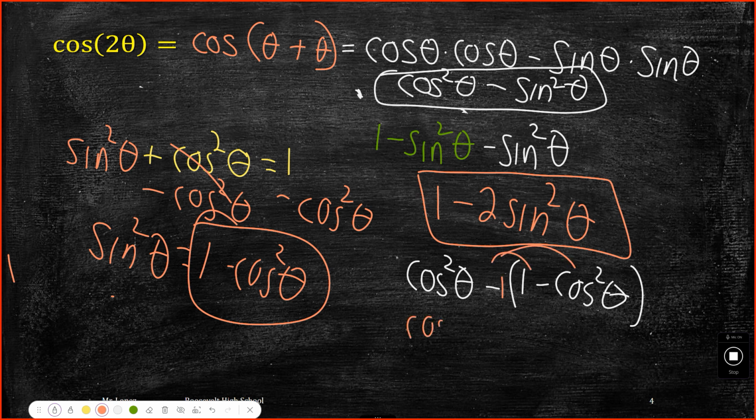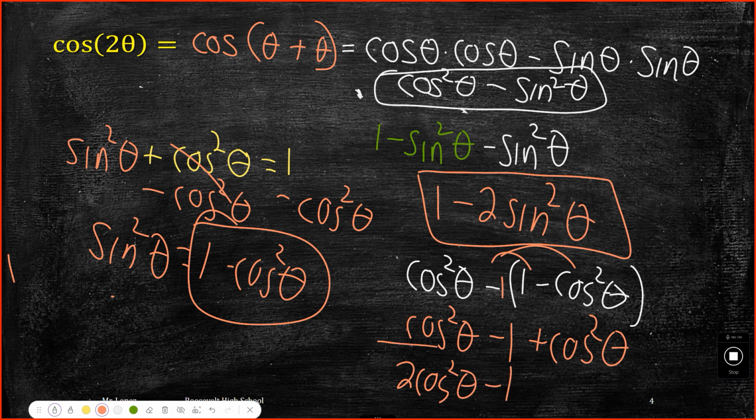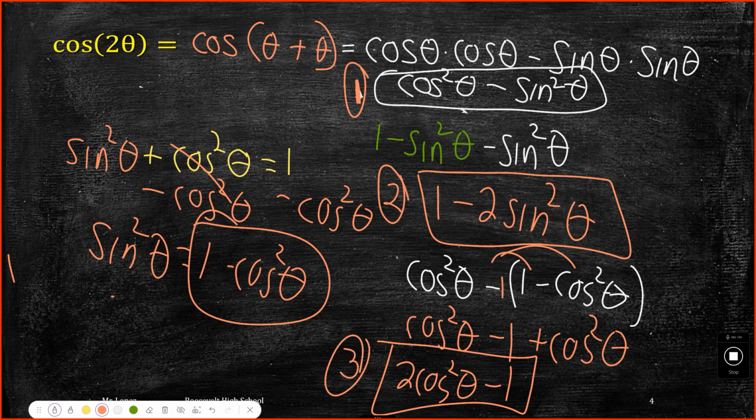So we're going to have cosine squared theta minus 1 plus cosine squared theta, which is going to be 2 cosine squared theta minus 1. There it is. There's all of them. So you need to know these ones, 1, 2, and 3 for cosine 2 theta.